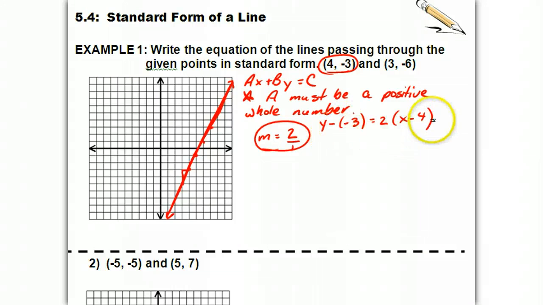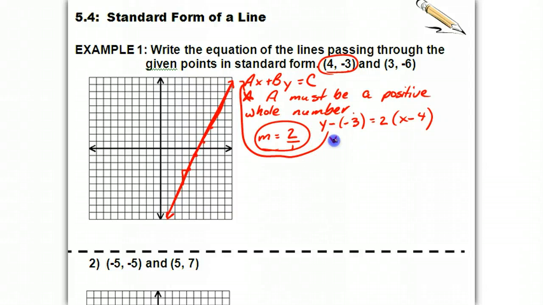Okay, so I'm going to simplify this out and I'm going to try and morph my point slope form into my standard form. Okay, so I'm just going to expand out my parentheses and then arrange my terms so that they're in standard form.